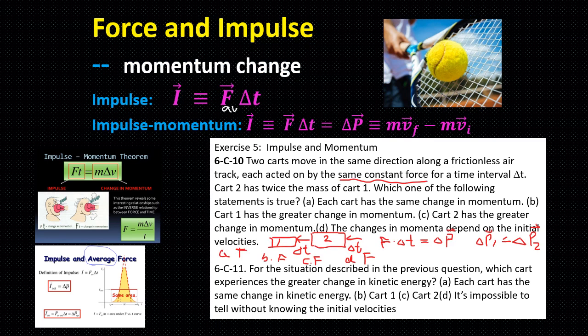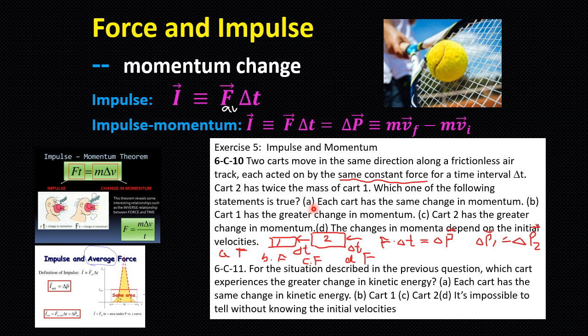Cars move in the same direction along a frictionless air track, each acted upon by the same constant force for a time interval, which means the impulse is the same. We are asked which of the following statements is true.